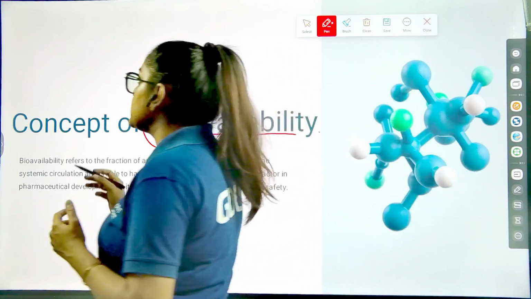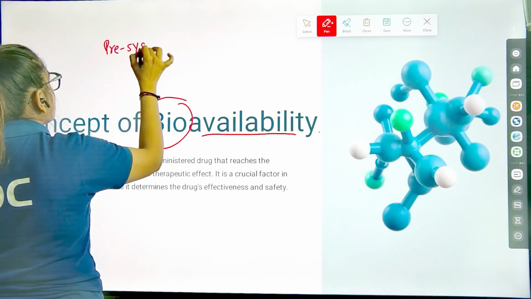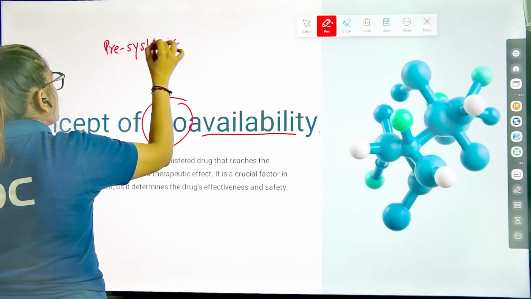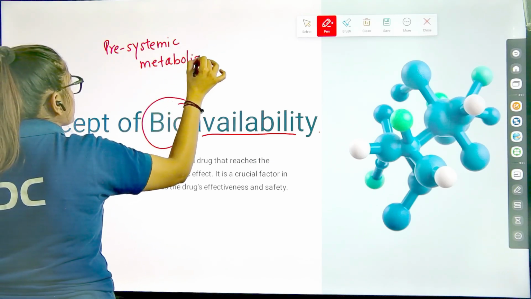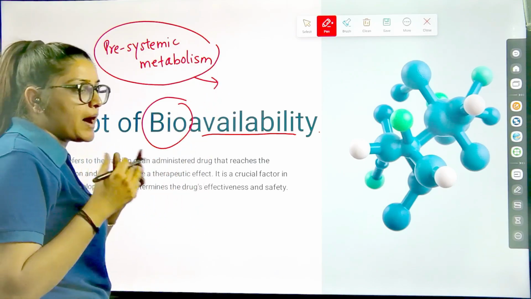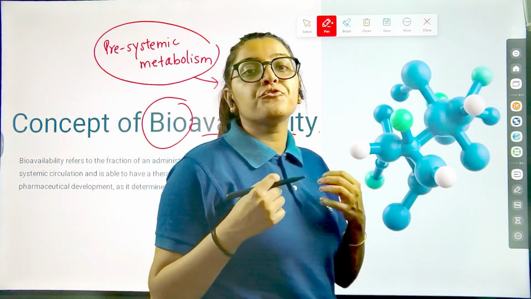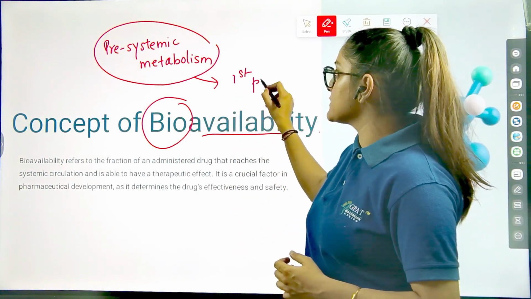Because of the presence of the metabolizing enzymes, it undergoes pre-systemic metabolism. That means before entering the blood, our liver metabolizes the drug and reduces its bioavailability by up to 50%, right? So this is known as the first pass effect.